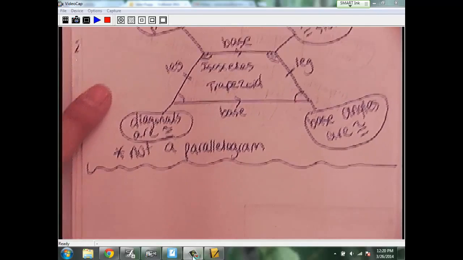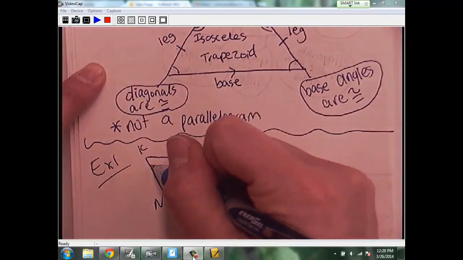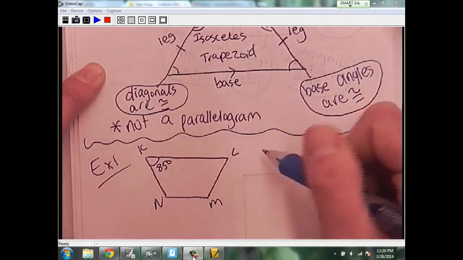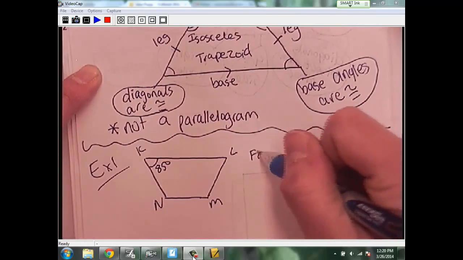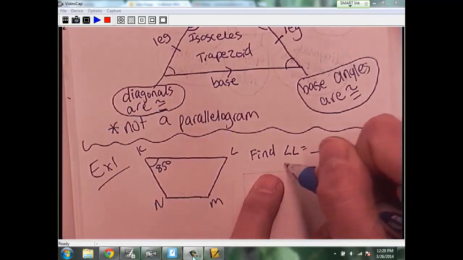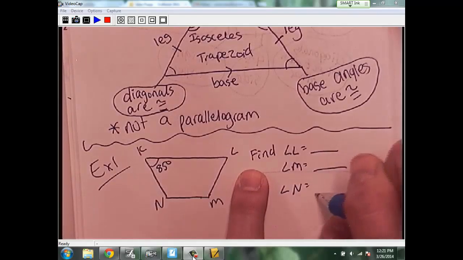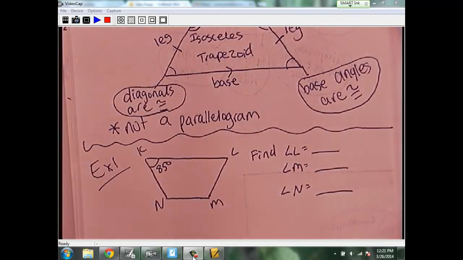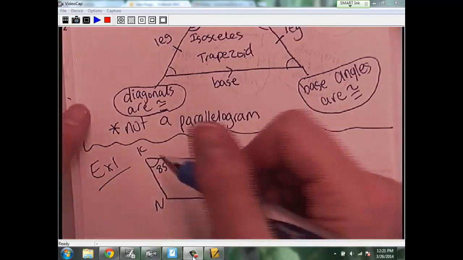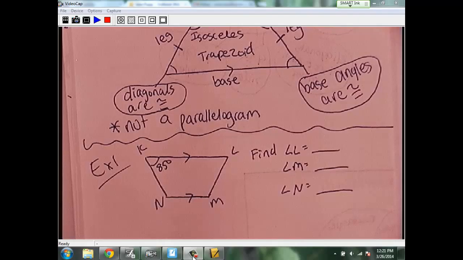Two examples. Example 1. This angle is 85 degrees, and I'm going to say, find angle L, angle M, and angle N. If it's an isosceles trapezoid, that means these two bases are parallel to each other, right?